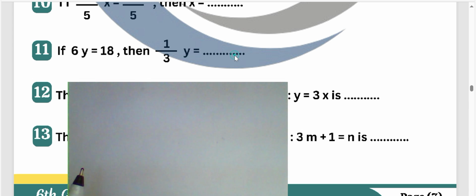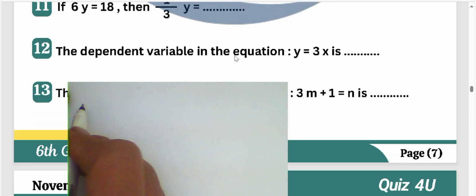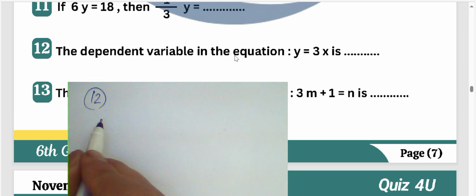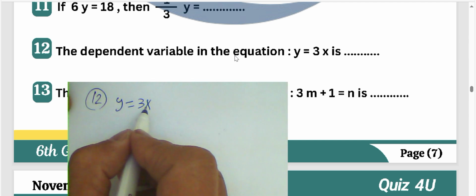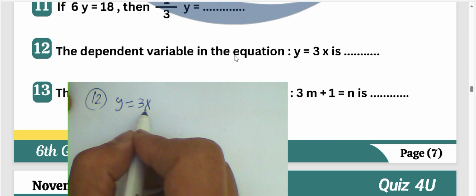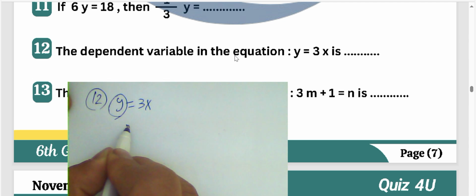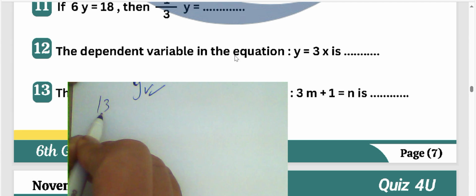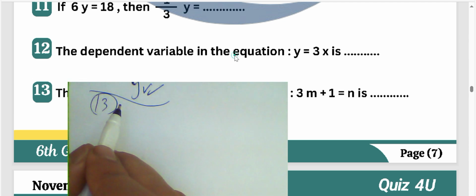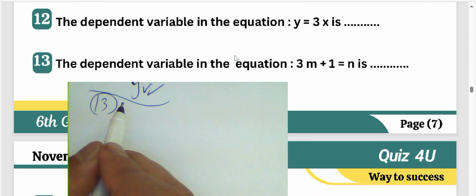Next example, question 12. The dependent variable in the equation y equals 3x is. He asked about what? The dependent. The dependent here will be y. Write y. Question 13. The dependent variable in the equation will be n.